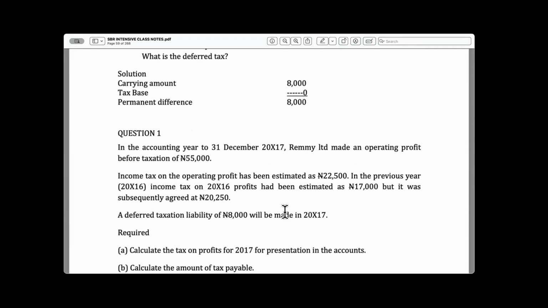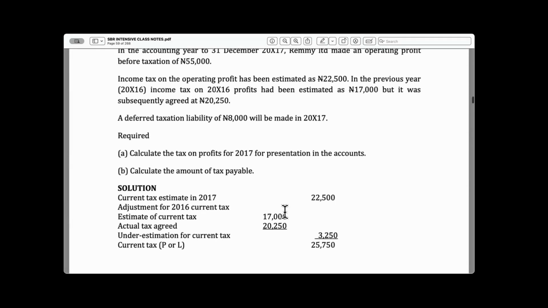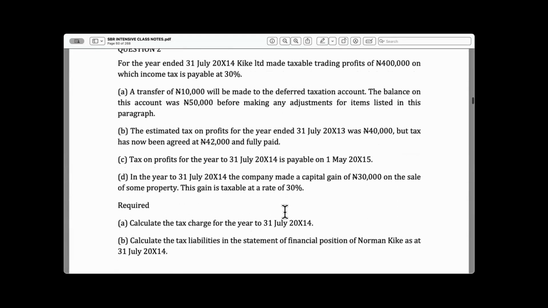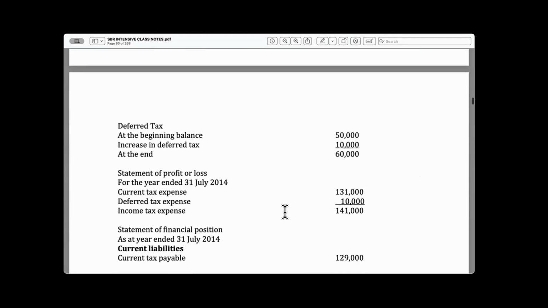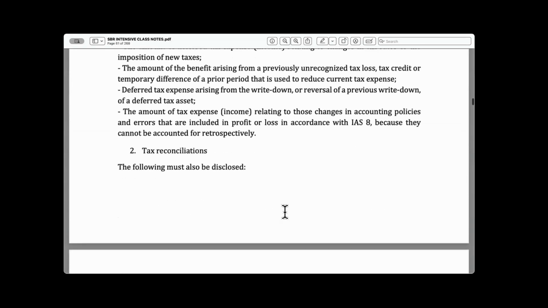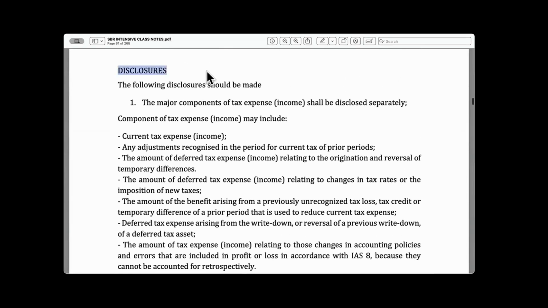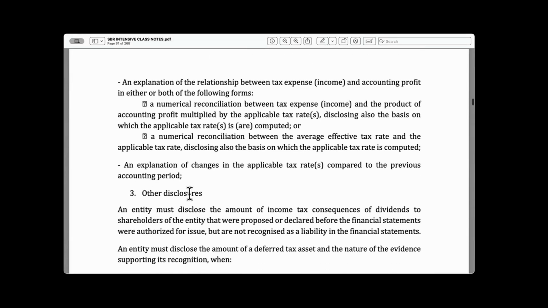I solved some other questions with you, I actually solved plenty of questions for you guys here. And you can also look through these disclosures, what we disclose for income tax, the current tax, adjustment for prior period, deferred tax relating to reversal of temporary difference and all of that.